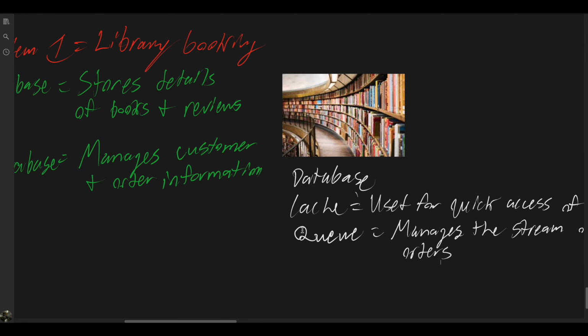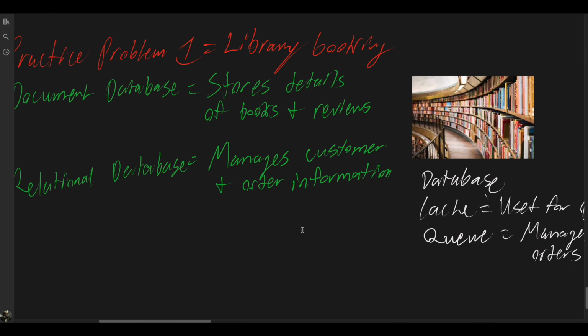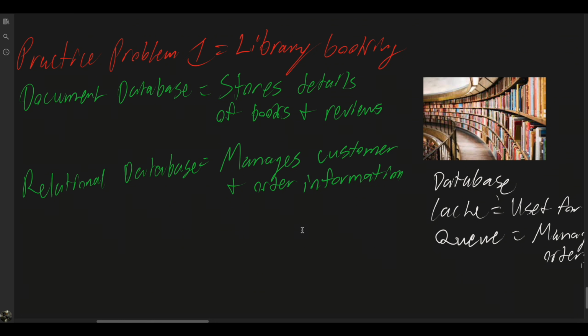And what we need to do is to showcase the workflow for understanding the interaction with getting the book details in the document database, getting the customer data in the relational database, and the order processing through the messaging queue.